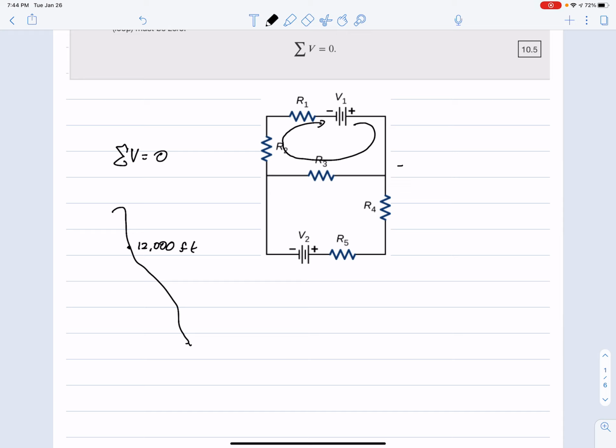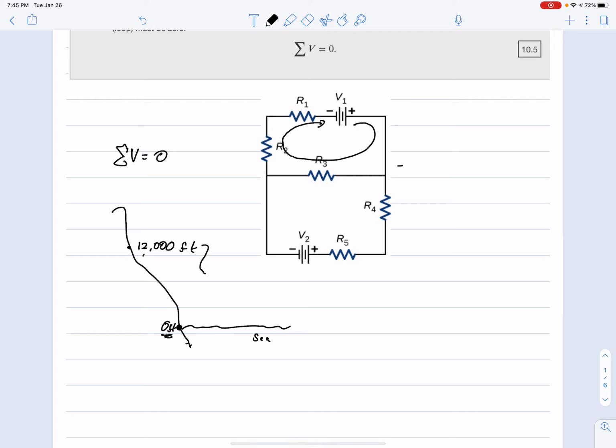It has to be in reference to something. So if I pick 12,000 feet, and this is water right here, let's say this is the sea, and let's say this is 0 feet, then yes, this would actually be 12,000 feet.